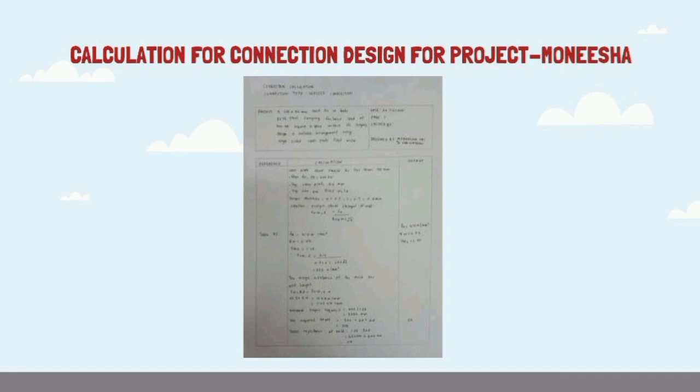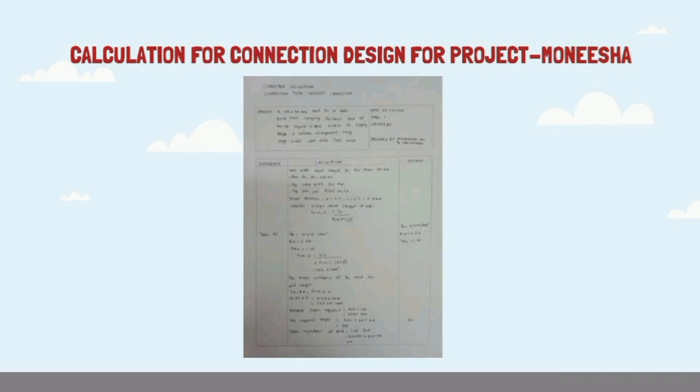Fu equals 410 N per millimeter squared. Beta w equals 0.85. Gamma M2 equals 1.25. Fvw,d equals 410 over 0.85 times 1.25 times square root 3 equals 223 N per millimeter squared.